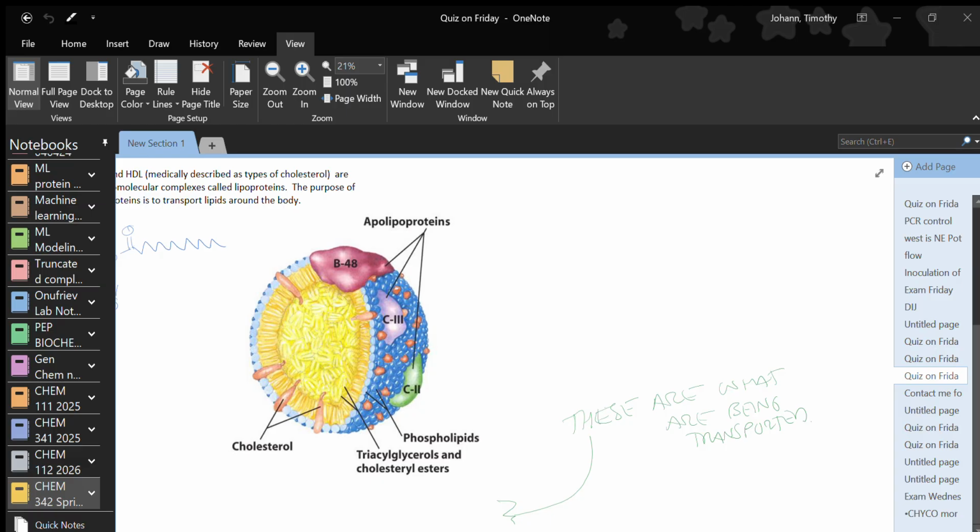It sheds triacylglycerols, turns into LDL, then gets absorbed into the cell and degraded, and the whole thing goes away. And then the liver makes HDL, a separate lipoprotein whose job is to run around the blood and sweep up, collect extra cholesterol from cells.